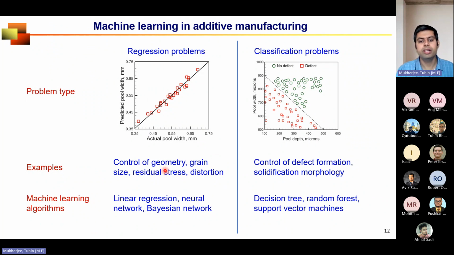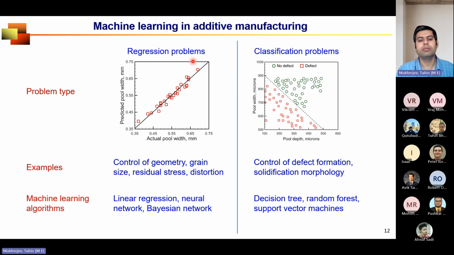So for additive manufacturing, let's say geometry, how wide the pool is, how much depth of the pool is, all these things you can represent by a continuous number. Grain size, again a continuous number. Residual stress, distortion, all these things you can represent by a continuous number.